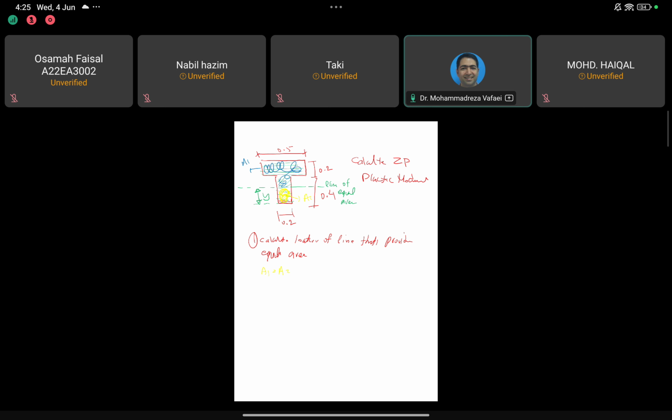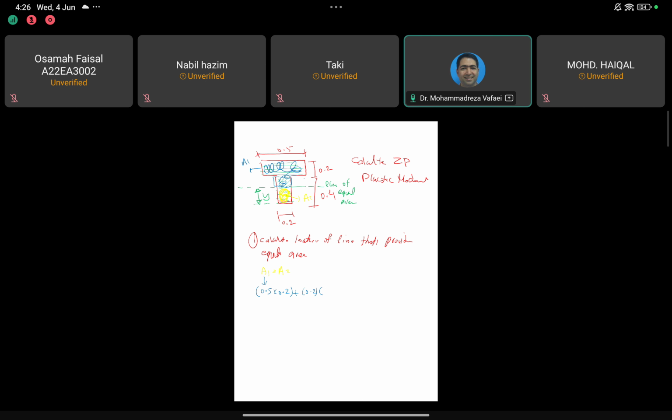So we use this equation to calculate y. A1 itself is 0.5 multiplied by 0.2. This is the rectangle on top, and then plus this small area that we have here. For that area, we know that the width is 0.2, but we don't know the height.